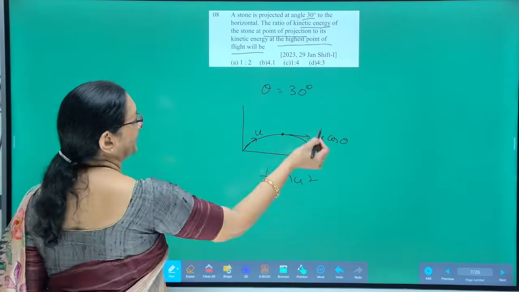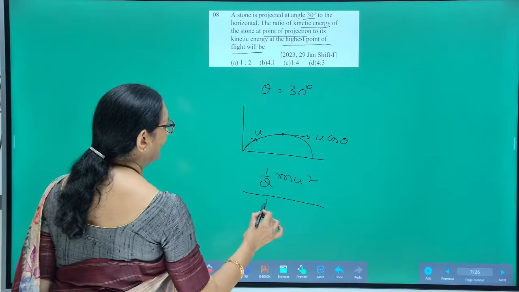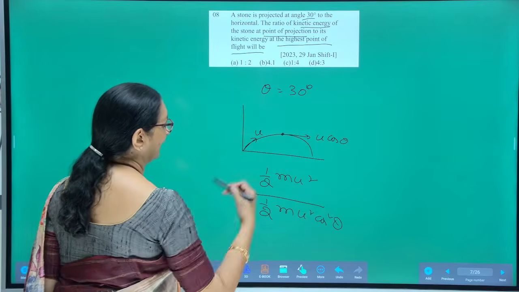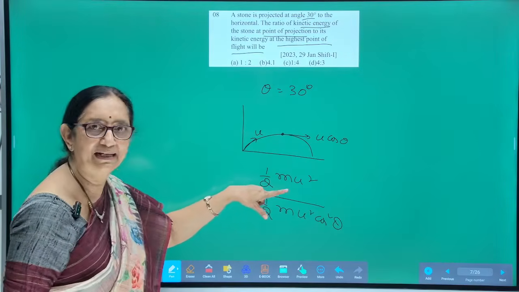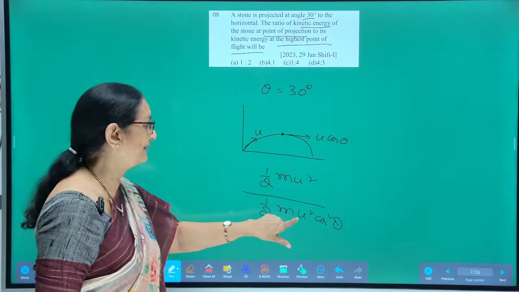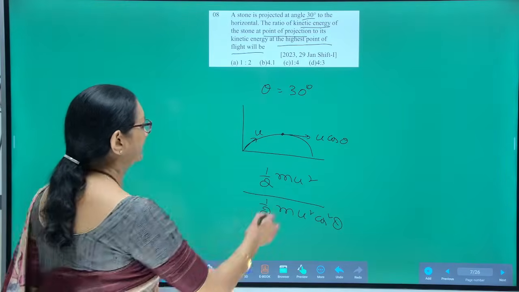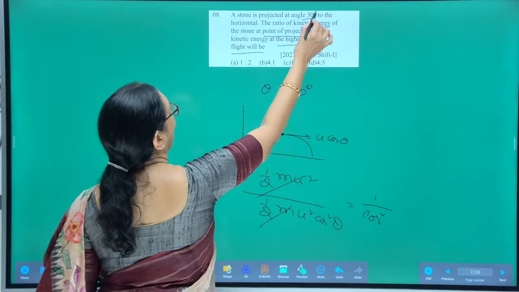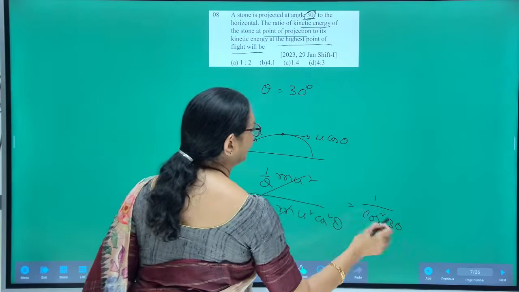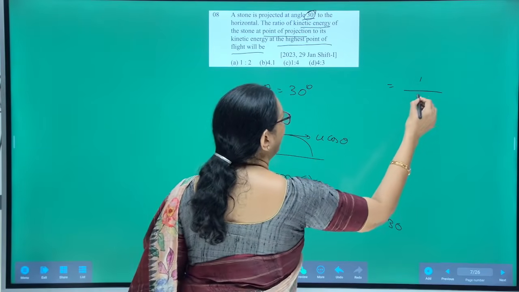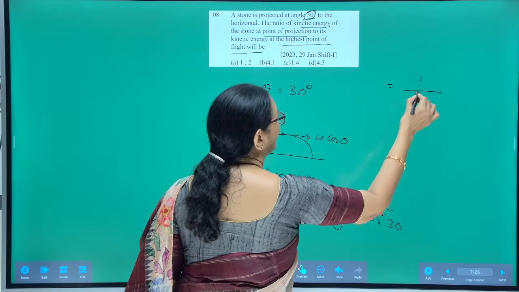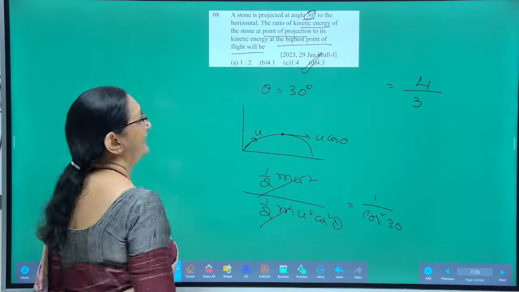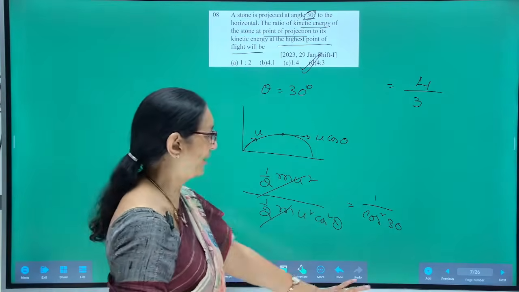So, kinetic energy is half mu square cos square theta. So, this ratio is 1 by cos square theta. Theta is given as 30 degrees. Cos 30 is root 3 by 2, so cos square 30 is 3 by 4. So, the answer is 4:3. That is the correct answer for that problem.